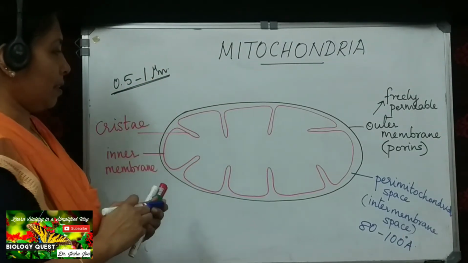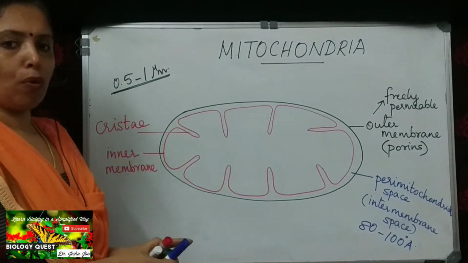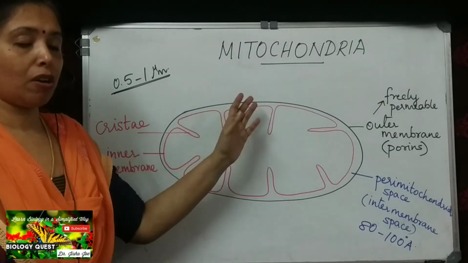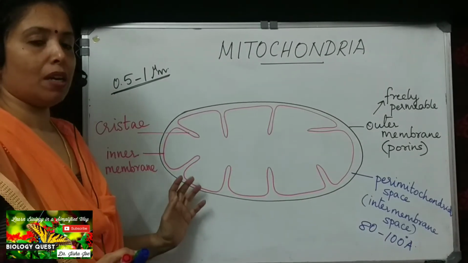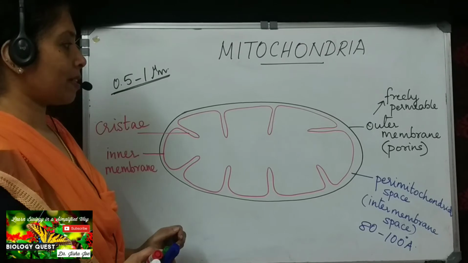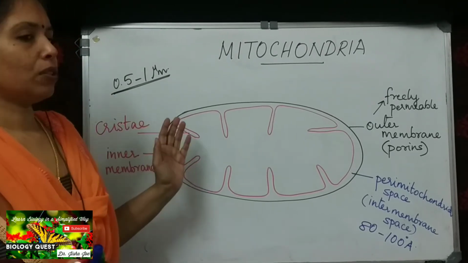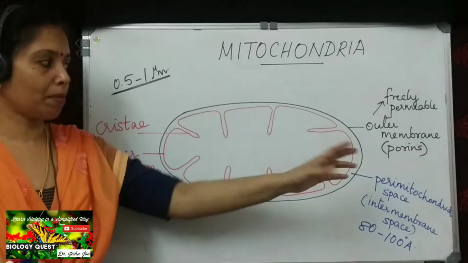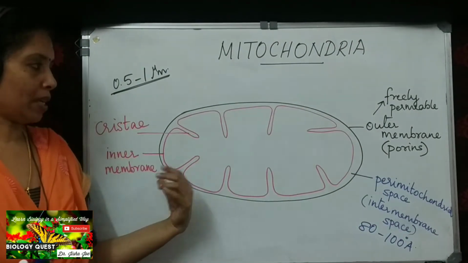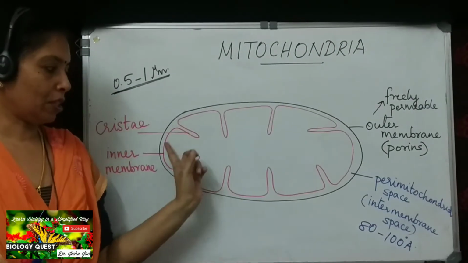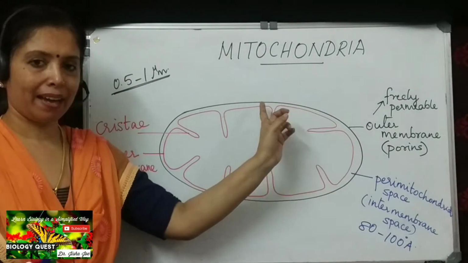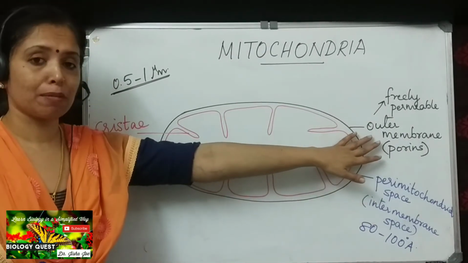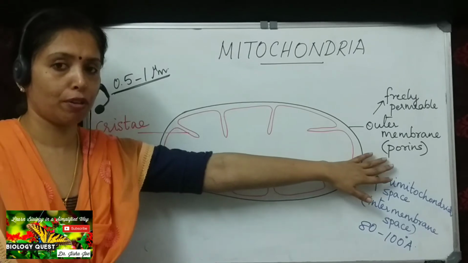So once again, the mitochondrion is an oval shaped structure, or sausage shaped or rod shaped. It has two membranes, the outer membrane and the inner membrane. The outer membrane is continuous, which I have drawn in black, and it is made up of proteins called porins.